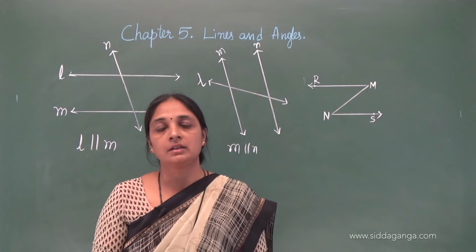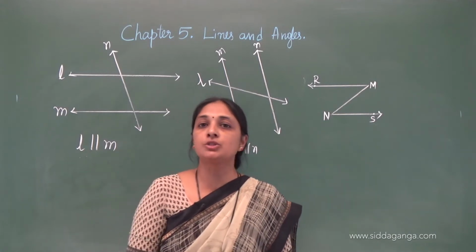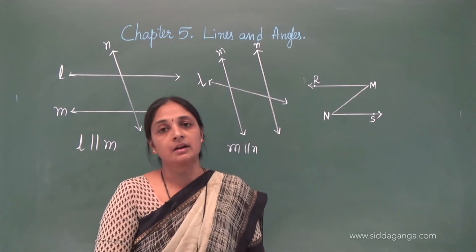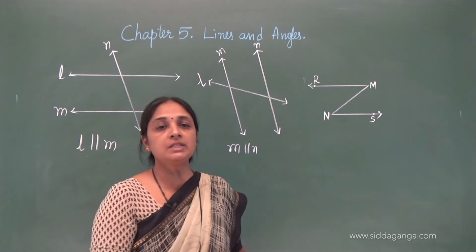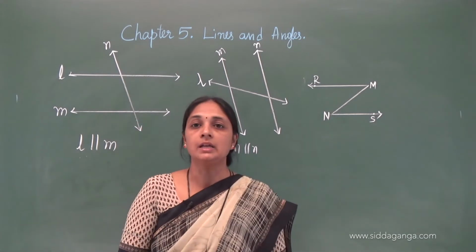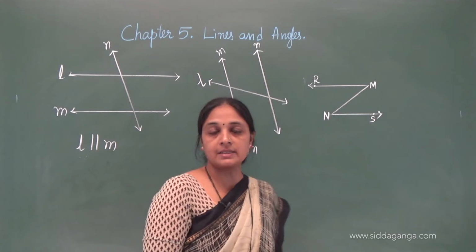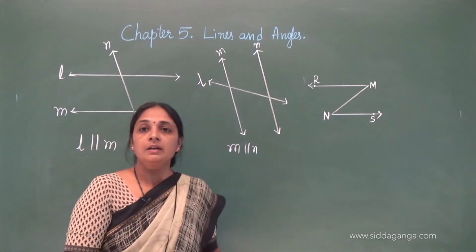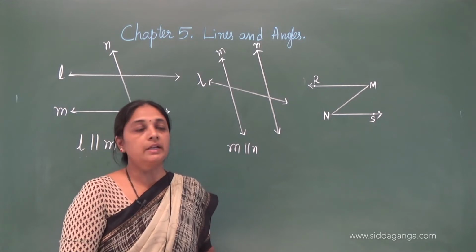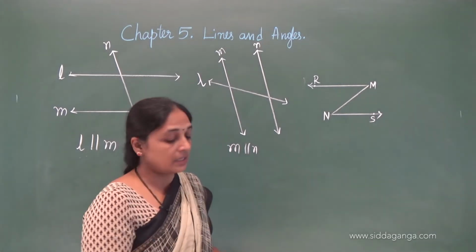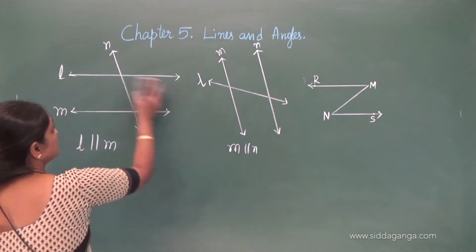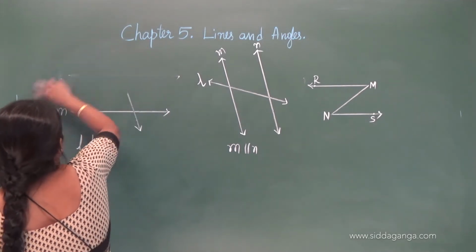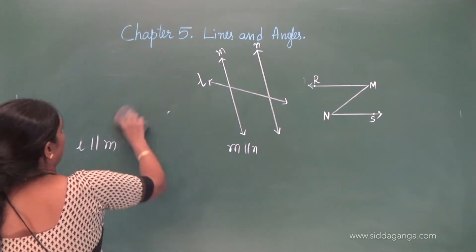It's a line which cuts two parallel lines, or which meets at different points on those parallel lines. That is called a transversal.